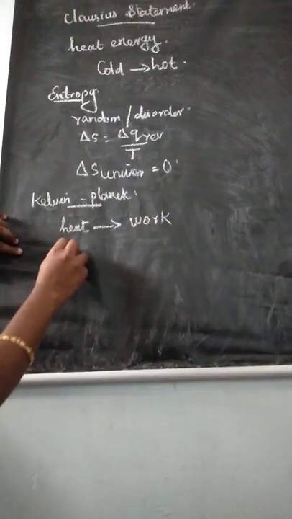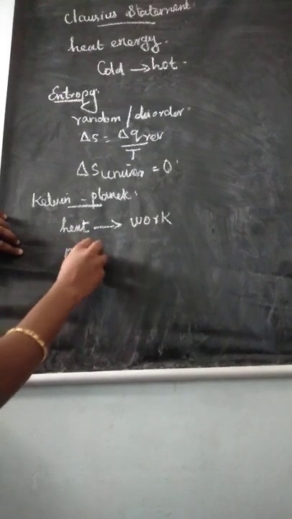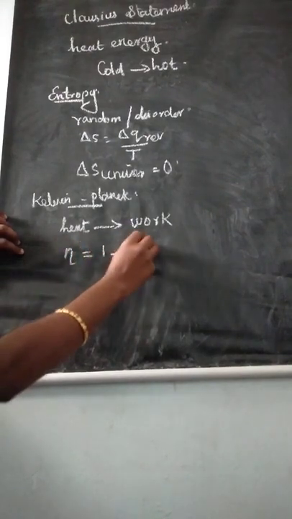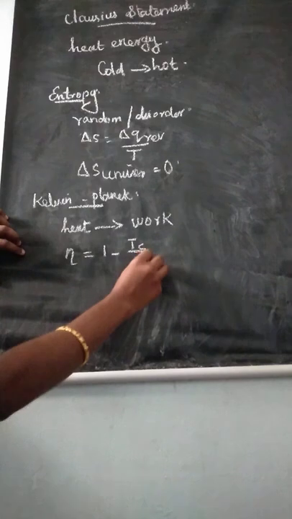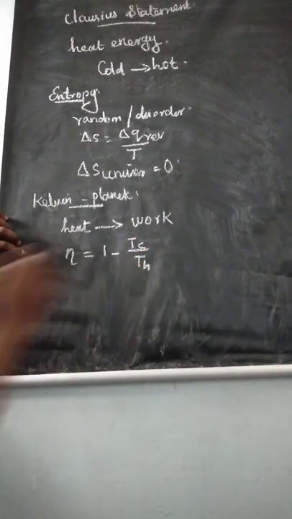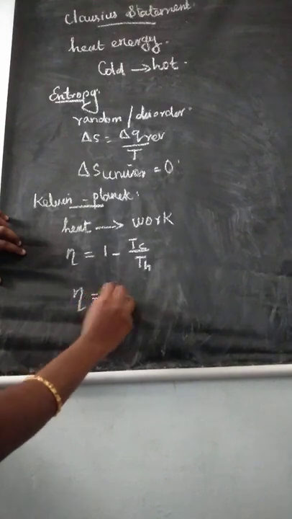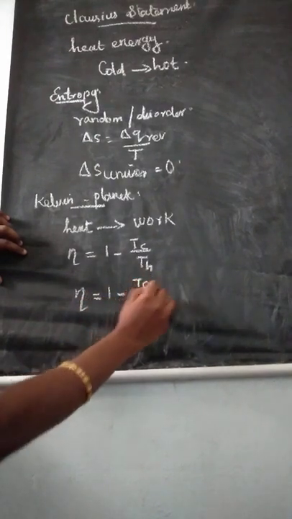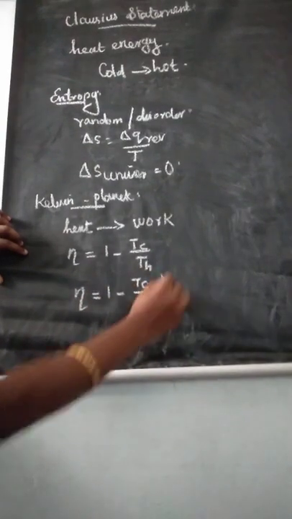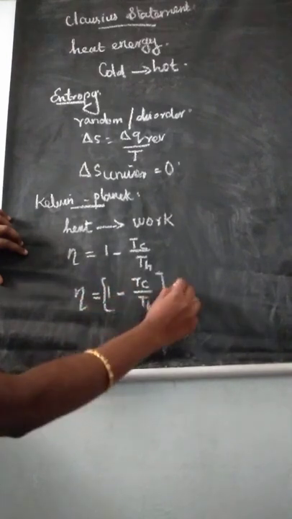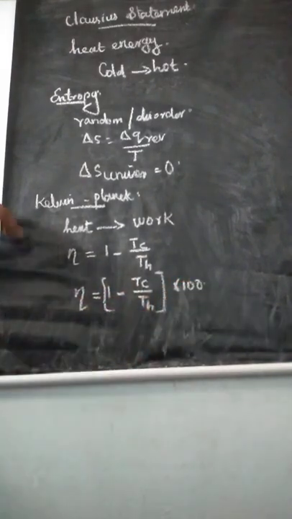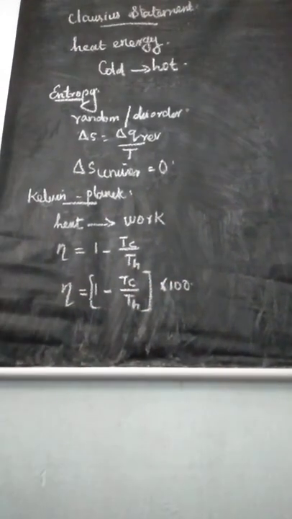And here efficiency eta is equal to 1 minus Tc by Th, and percentage efficiency eta is equal to 1 minus Tc by Th into 100. This is percentage efficiency. Understand? Then the third statement.